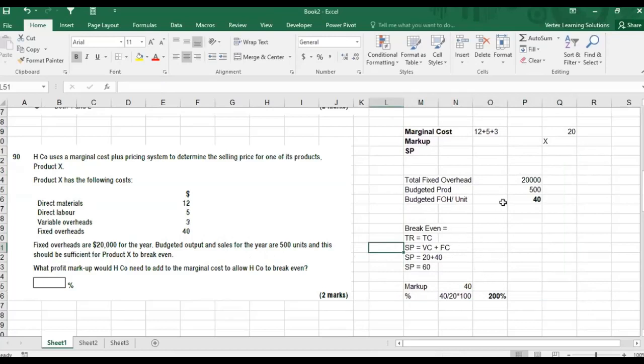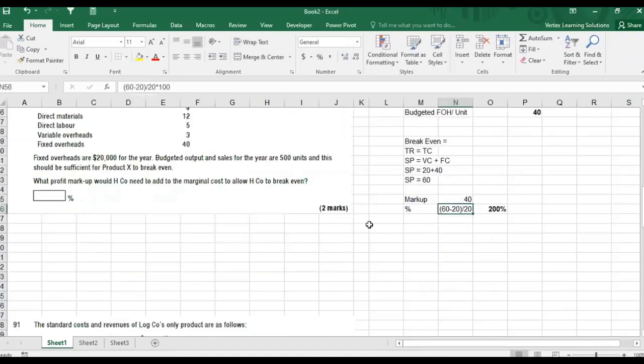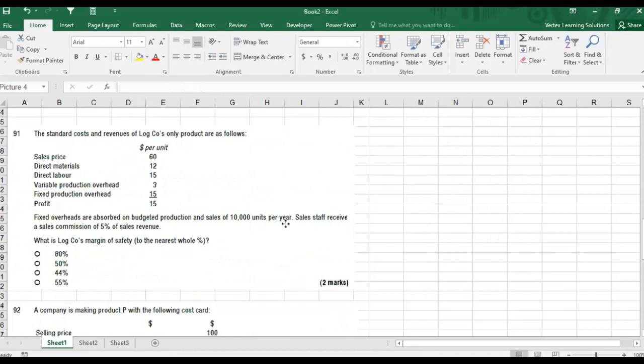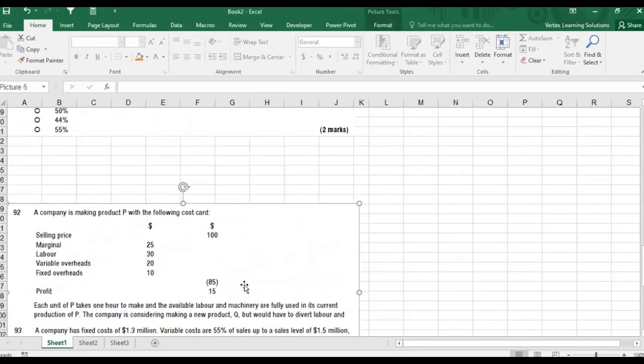You say, okay, $40 I need to recover. Total would be 60, 60 minus 20 divided by 20. So this is 40 by 20, or you can call it actually 60 minus 20. I mean, answer would be the same, okay? 60 minus 20 divided by 20 would give you 200%. This is the answer.